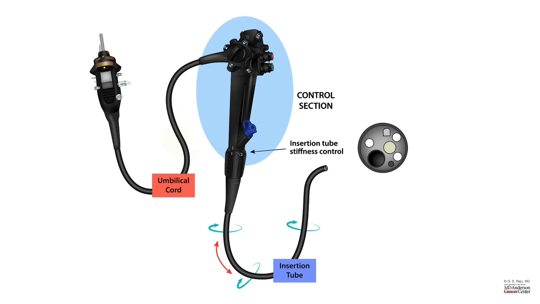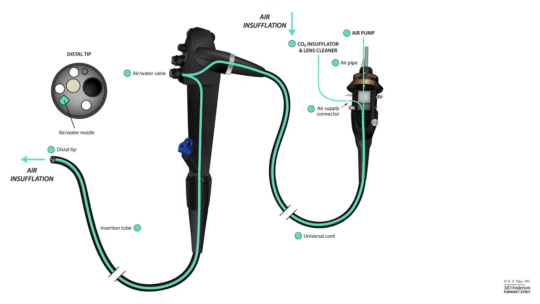So we looked at the scope, we looked at the structure, and let us look at the channels. So how does air insufflation work?